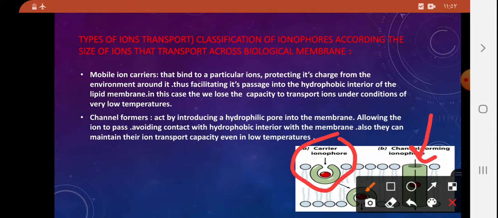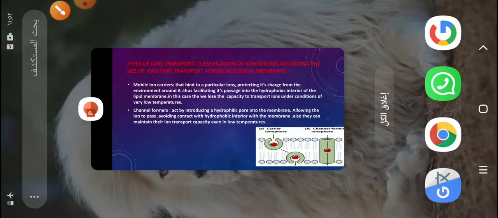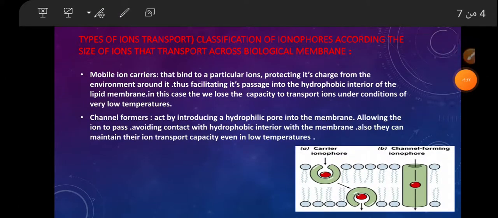So the goal of the ion carriers is to protect the ion from the external environment, which is hydrophobic, since the ion is attached to the hydrophilic portions. An important thing to know is that this transport occurs by facilitated transport, I mean down the concentration gradient, from the high concentration of ions to the low concentration of ions.